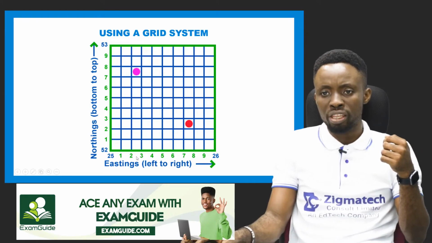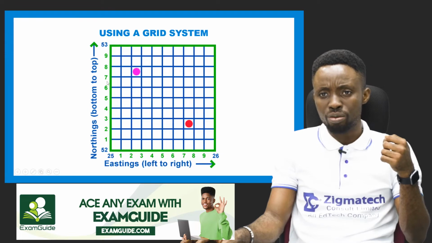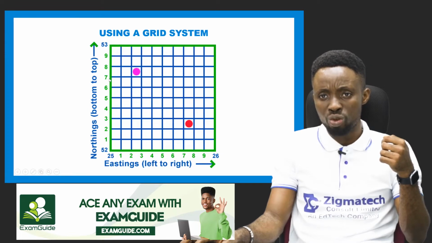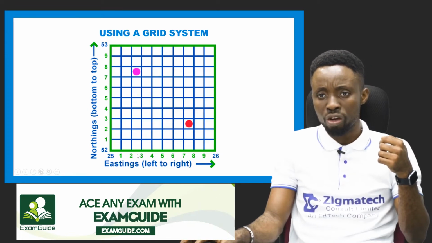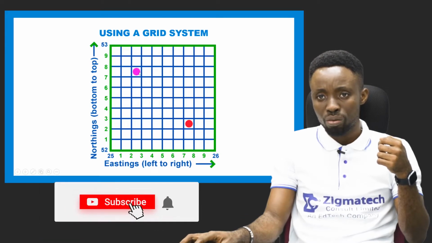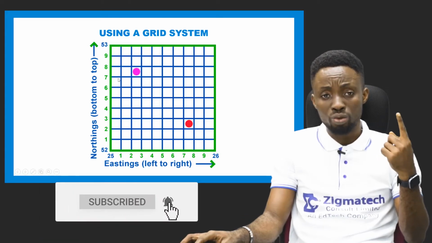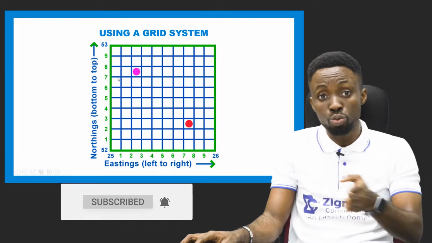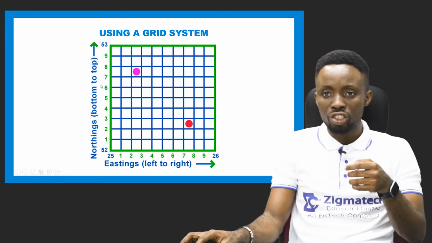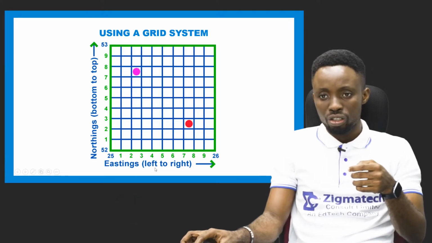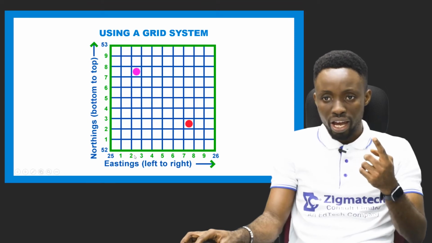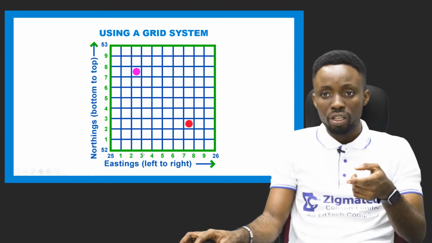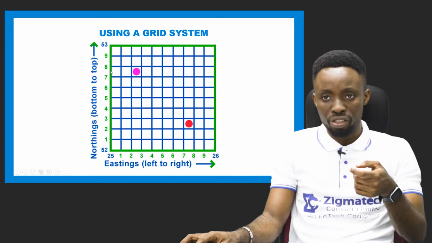So if it's between 2 and 3, we call it 2.5. And in terms of the y-axis, we have it between 7 and 8. So if it's 2.5 and 7.5, we are going to have 0.2.5, then we have 0.7.5.